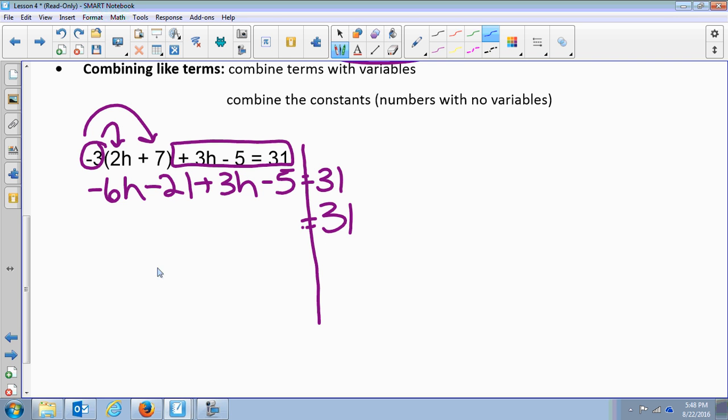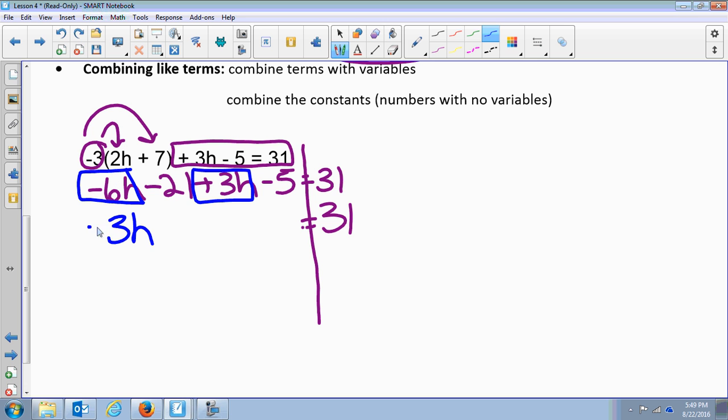However, on the left side, I can see I have multiple terms. I have my terms with my h. So if they have the same variable, I can add or subtract them. They have different signs. I have a negative 6 and a positive 3, so I'm going to get 3h.